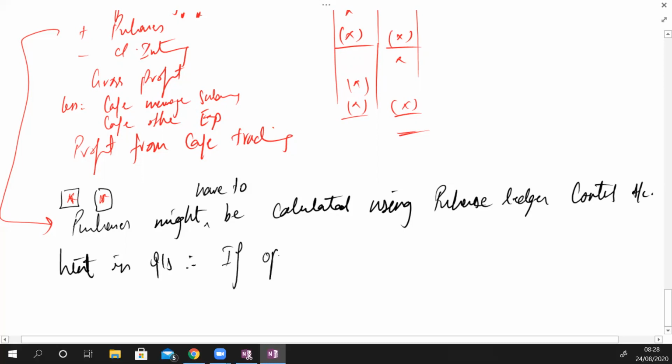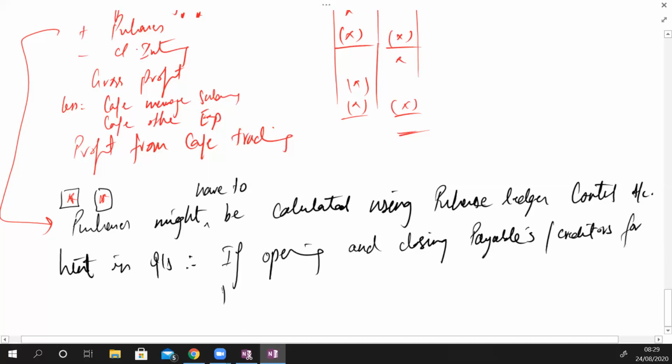if opening and closing payables or creditors, the old term, whenever we'll do an older question, we'll get this term, for purchases are given.